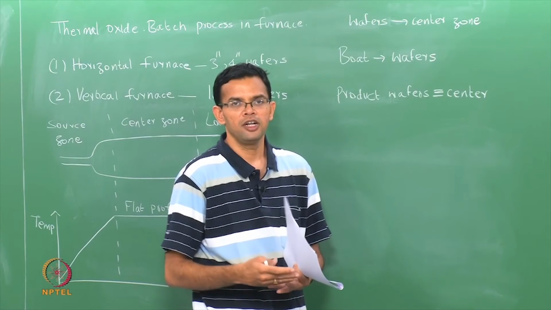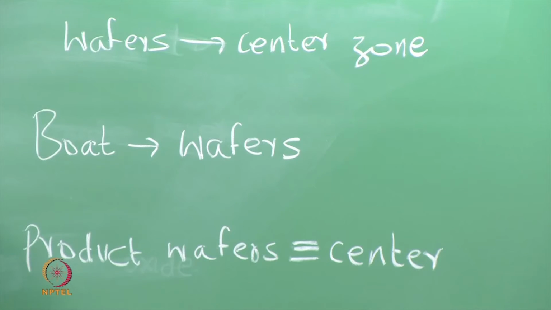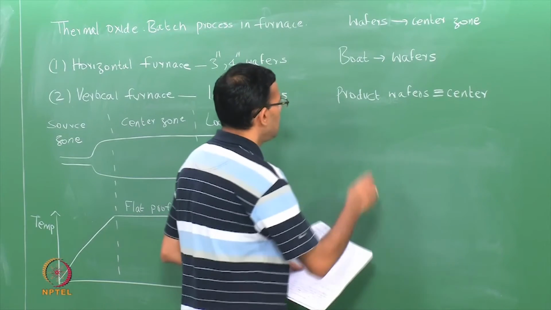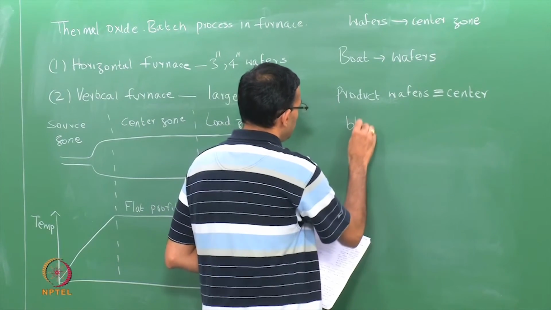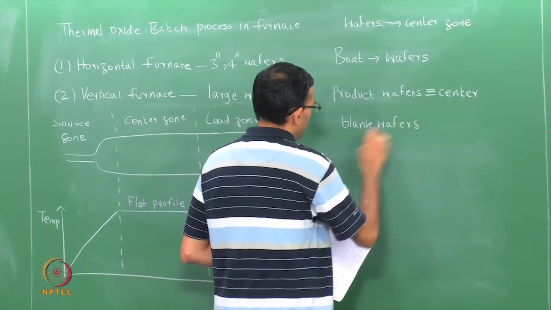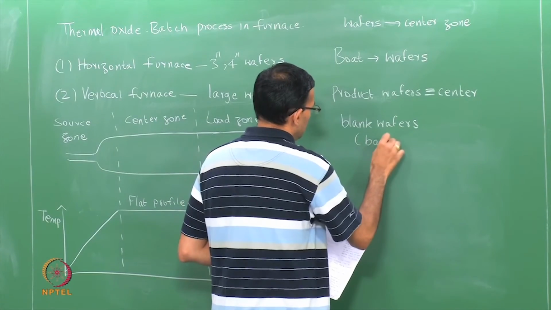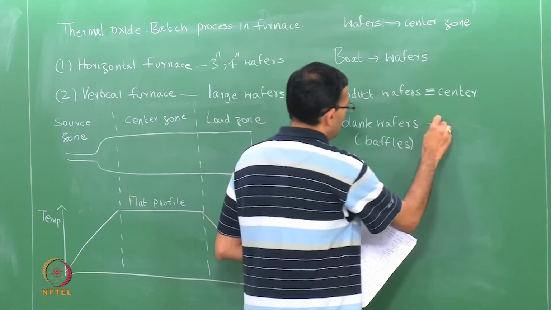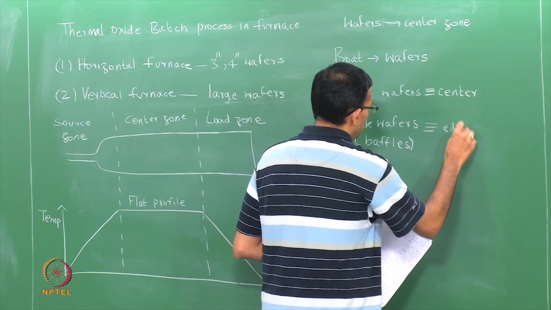These are loaded in order to ensure temperature uniformity and also usually gas uniformity. These are called blank wafers. They are also called baffles. Sometimes baffles are made of other materials as well, and these are usually loaded at the edges.